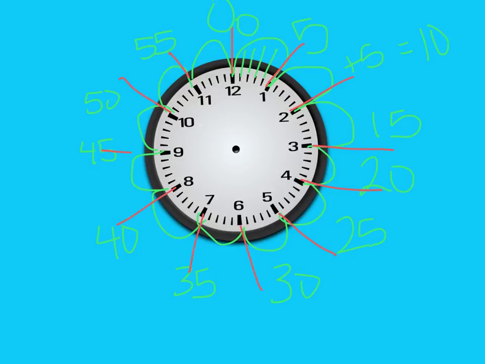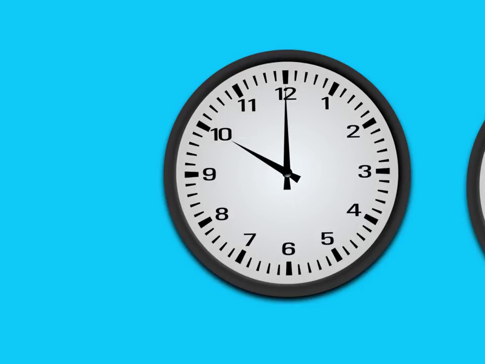So now that we've looked at all of this, I'm going to put a couple times on here for you to look at and tell me if you know how to read what time it is. This first clock has 2 hands on it. The little hand is where? That's right, it's facing the 10, so that means that our hours are 10, and I'll write them below the clock each time.